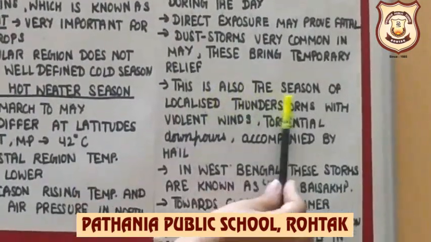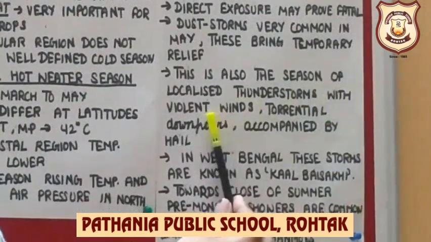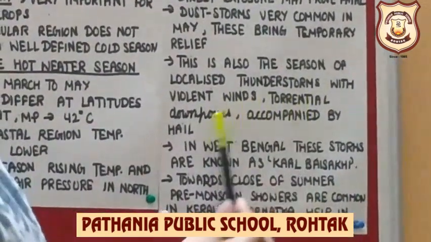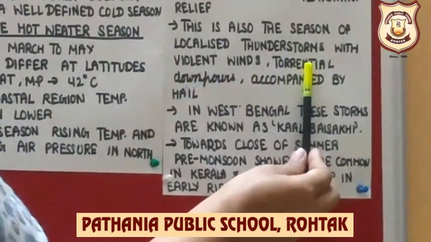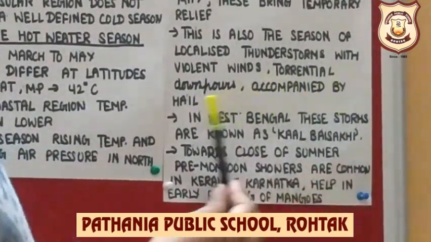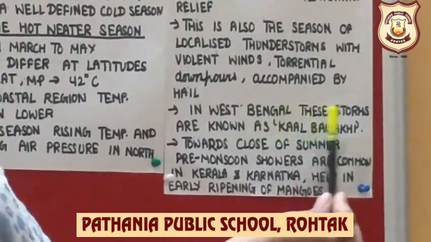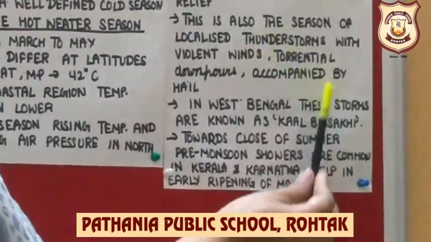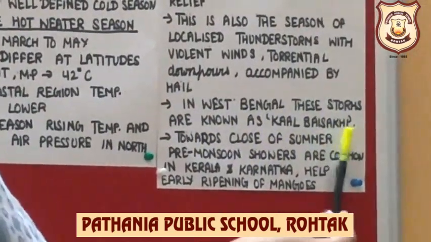Now, this is also the season of localized thunderstorms with violent winds and torrential downpours. Beta, torrential downpours means heavy rain accompanied by hail. Then in West Bengal, these type of thunderstorms are known as Kal Baisakhi.